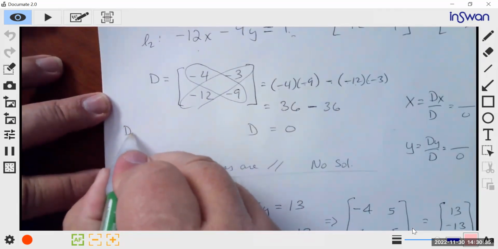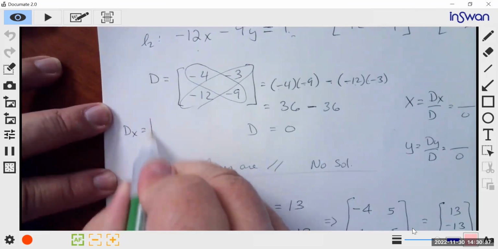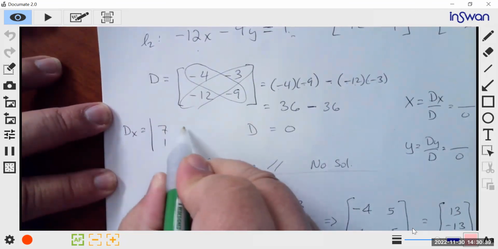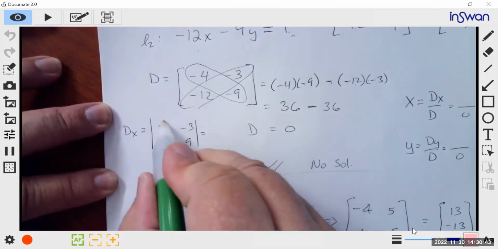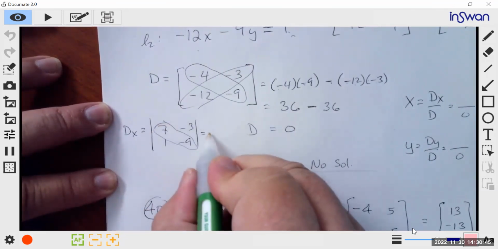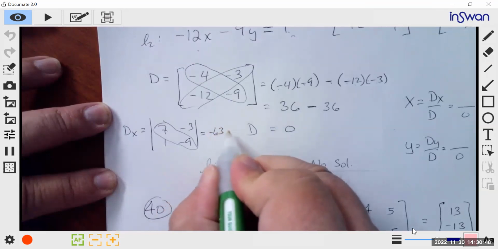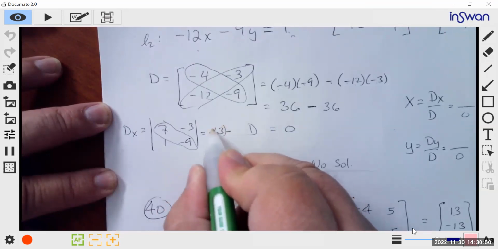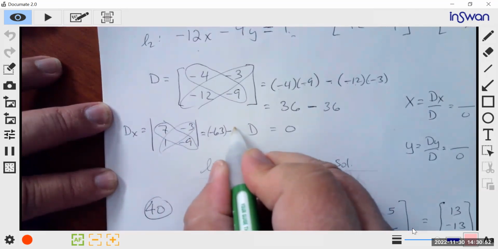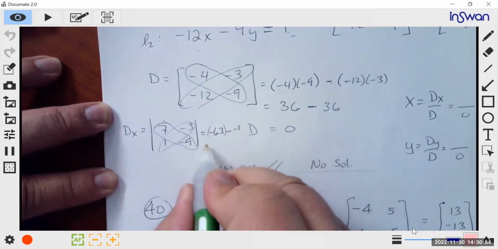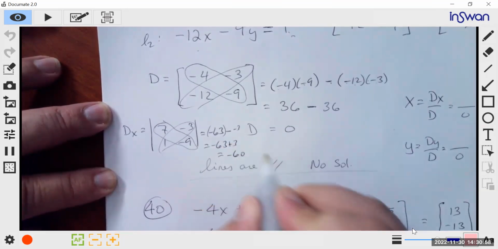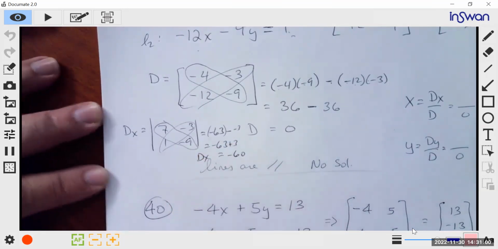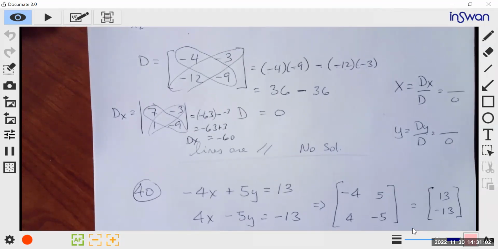Let's look at dx of this one. 7, 1, -3, -9. So we have -63 minus a -3. -63 plus 3 is -60.